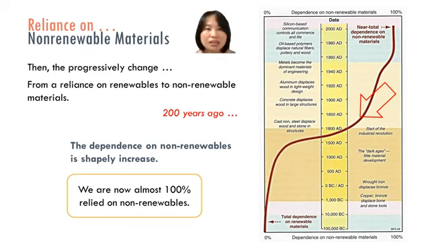And bad news actually came 200 years ago, in 1800 AD. Okay, we can see that our dependence on non-renewable material increased. That slope increased sharply.